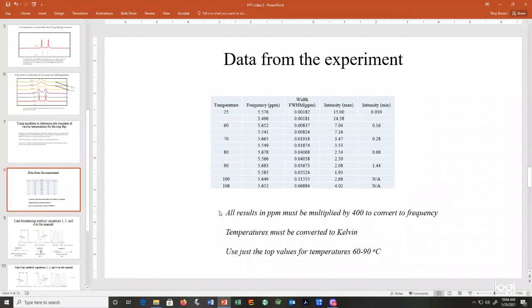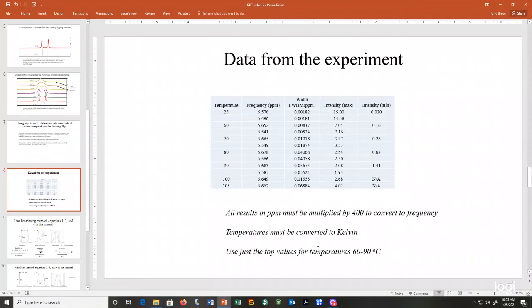And for most of the experiment, we're not going to need both sets of data in here. Remember, before we hit coalescence, there were two peaks. And so that's listing a line width for both of those peaks, and we won't need both of them.